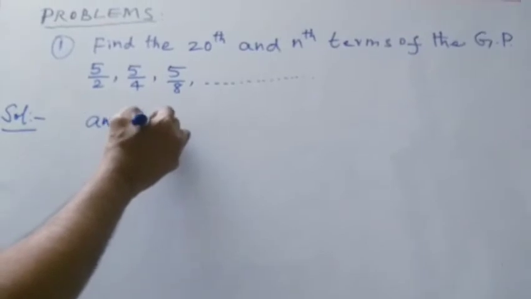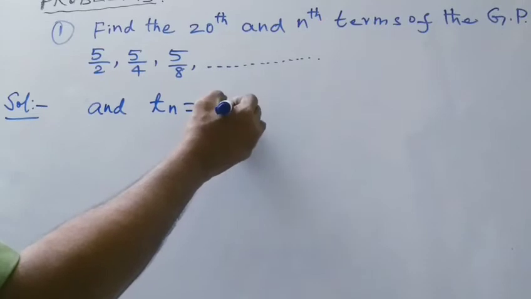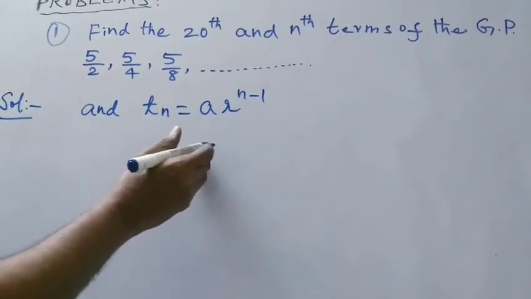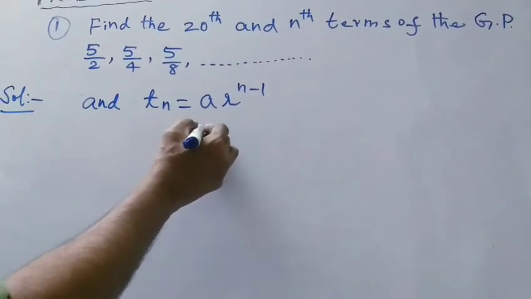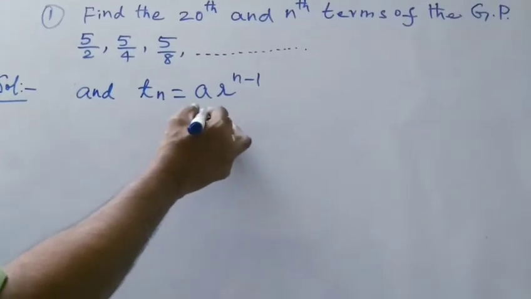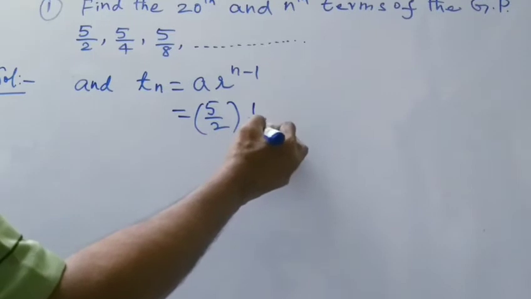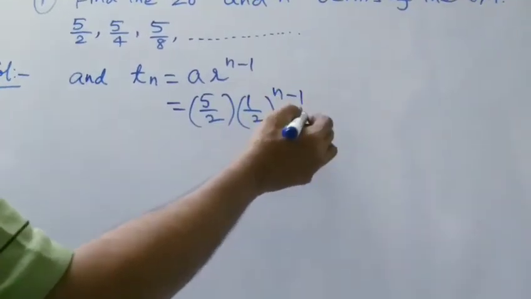The nth term of a geometric progression is Tn is equal to a into r to the power of n minus 1. Already the first term is known to us, that is a is equal to 5 by 2, and the common ratio is 1 by 2, whole to the power of n minus 1.